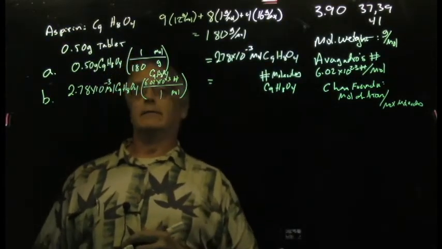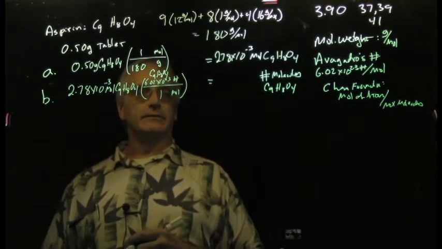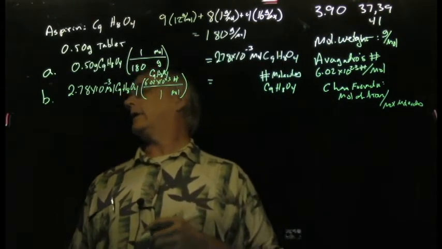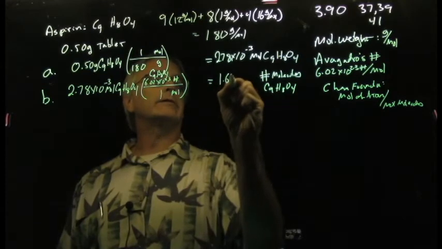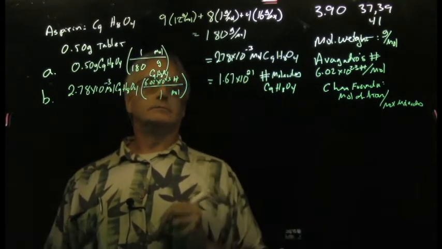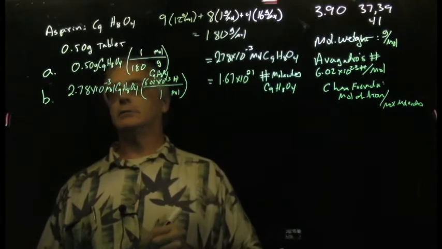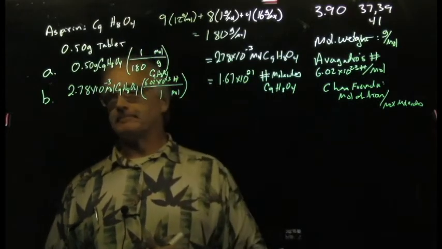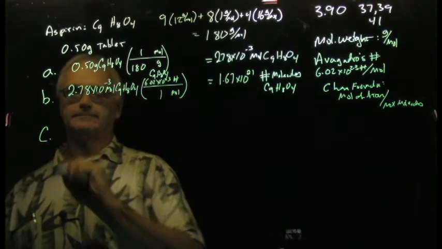Going to multiply by Avogadro's number. That means I'm going to get a fairly large number, and I came out with, when I did it, 1.67 times 10 to the 21st. A lot of molecules. Okay? And there's part B.